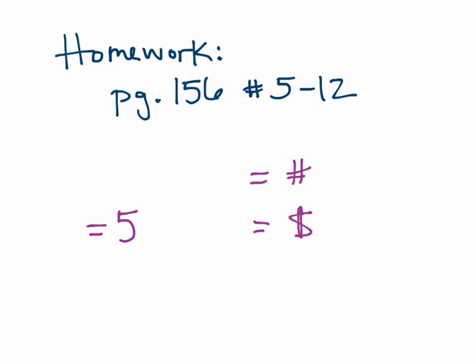So think about the vans and sedans. Okay, so you have 5 total. And then think about how many people can go in a van and how many people can go in a sedan, and what's the total number of people going on this trip. So that should help you write your 2 equations for that one.